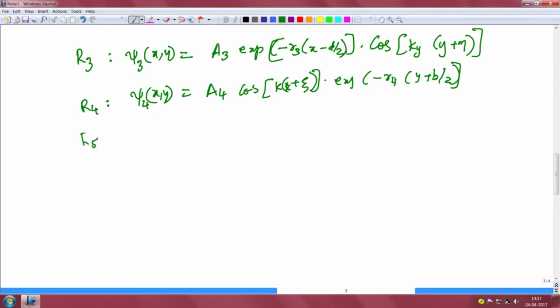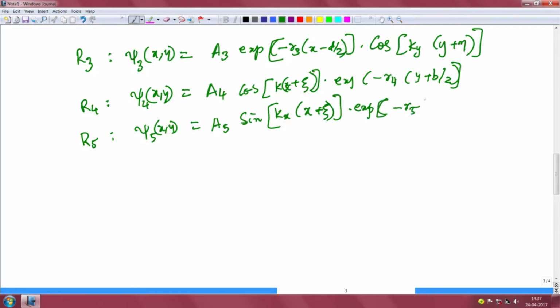Finally, region 5 is similar to region 4 and we can express R5 in terms of an oscillatory field sine or cos kx into x plus psi and exponential of minus gamma 5 y minus b by 2.